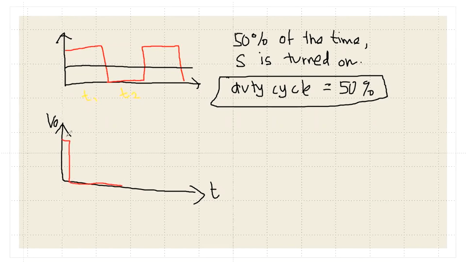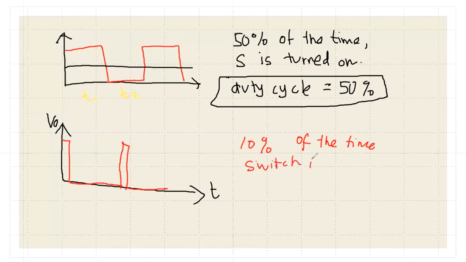So this is one cycle, on and off, and then on and then off. So here we have two cycles. Let's say only 10% of the time the switch is turned on. So here the duty cycle is 10%.